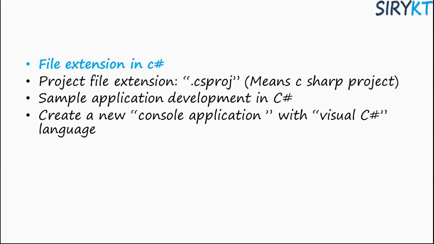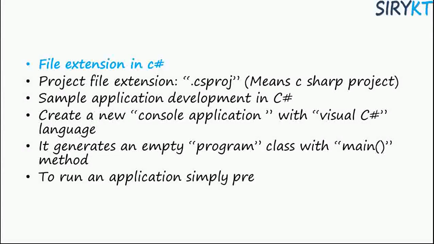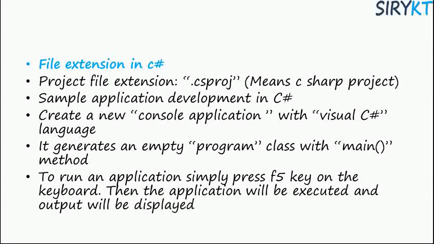Create a console application with Visual C# language. It generates an empty program class with a main method. To run an application, simply press the F5 key on the keyboard. Then the application will run, execute, and the output will be displayed.